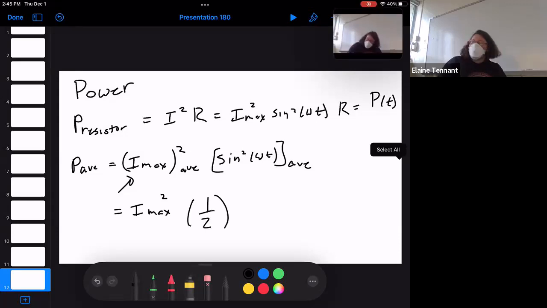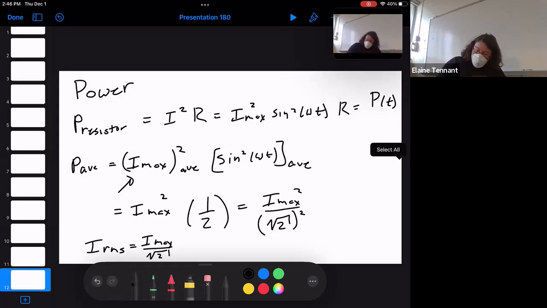Okay, so there's my 1/2, which means I'm going to write this fancily. I'm going to write this as I max squared over root 2 squared. And I'm hoping you see that we have an RMS value at this point, because I RMS is I max over root 2.